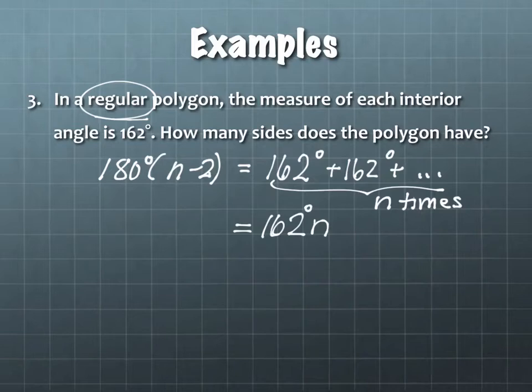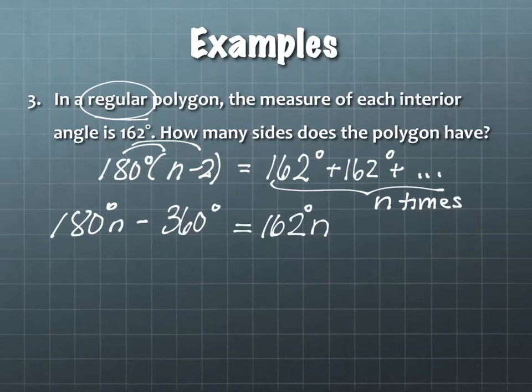On the left-hand side, I can distribute my 180 through, so I have 180n minus 360. If in the middle of the problem you want to just not put the degree markers, that's okay with me. It's not going to bother me.